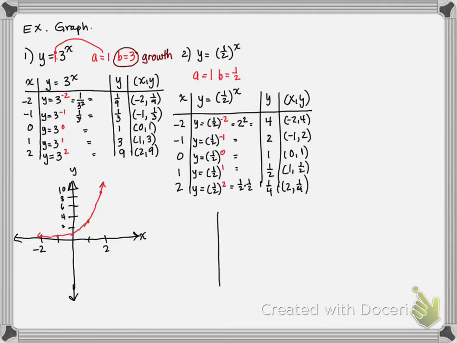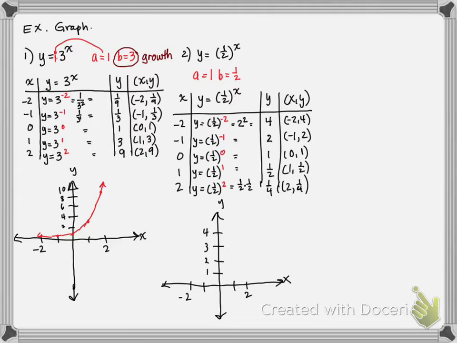All right, so let's see, we need to go 4 and 2s. Okay, here's x's, y. Okay, so go ahead and plot those points. So, oops, let's try that again. -2, thank you very much.